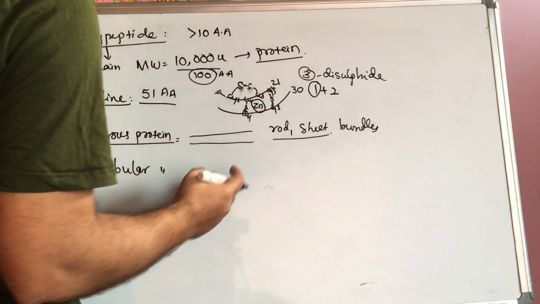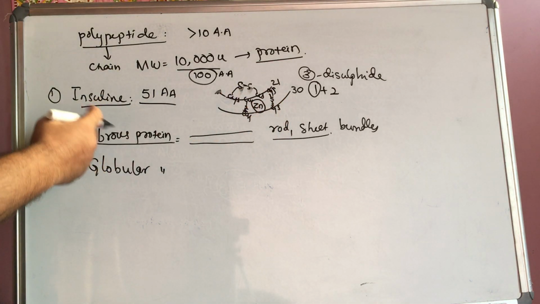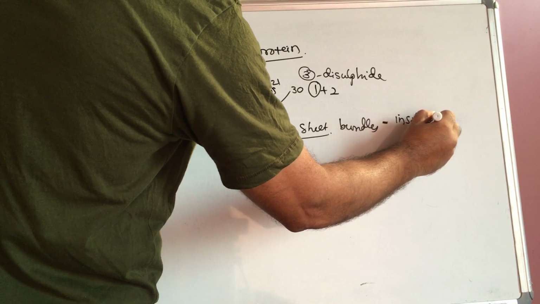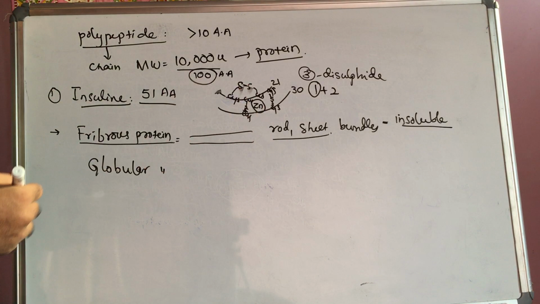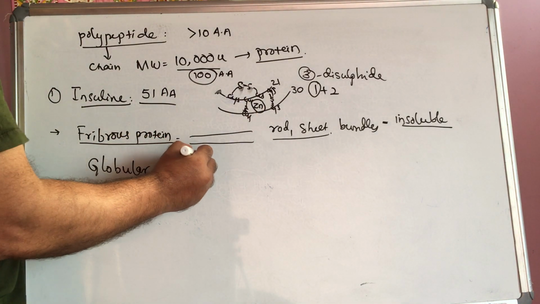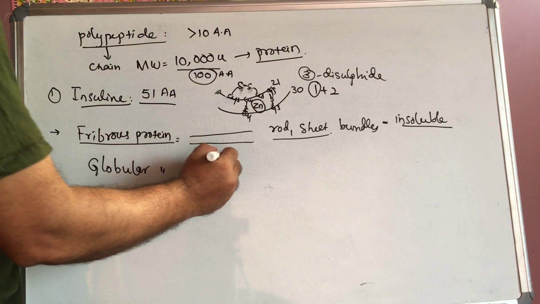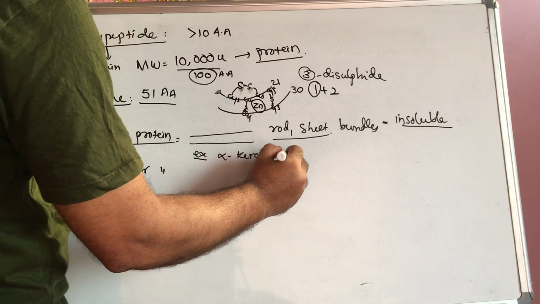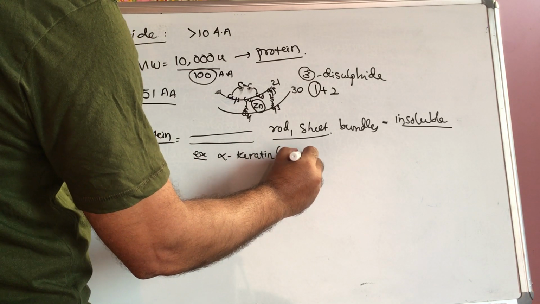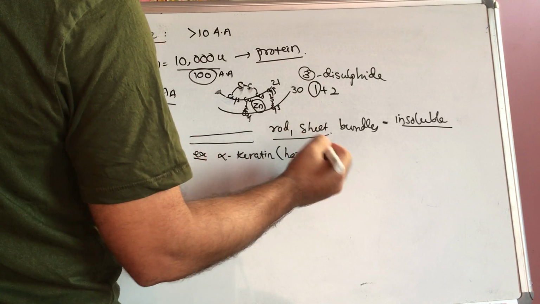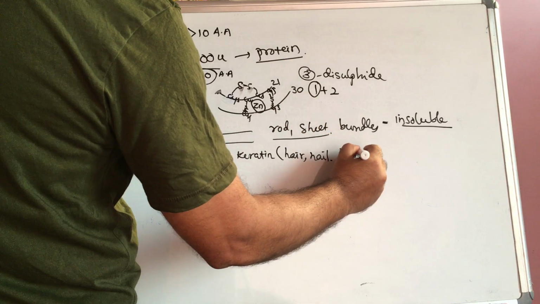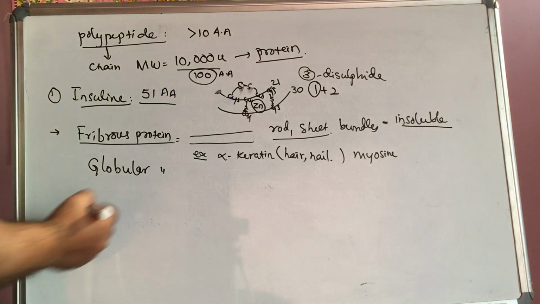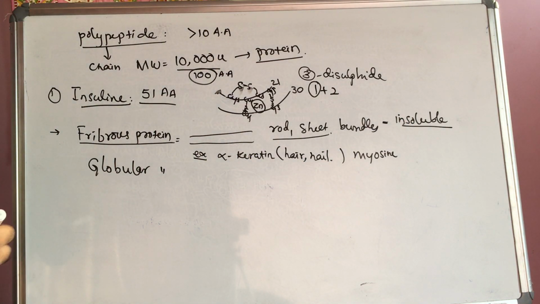When these are like a rod, sheet or bundle of polypeptide chains, they are insoluble in water, like a thread. Examples of fibrous protein: alpha keratin, which is present in hair and nails, and another example is myosin.